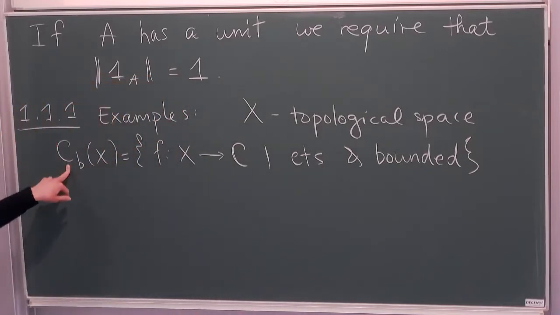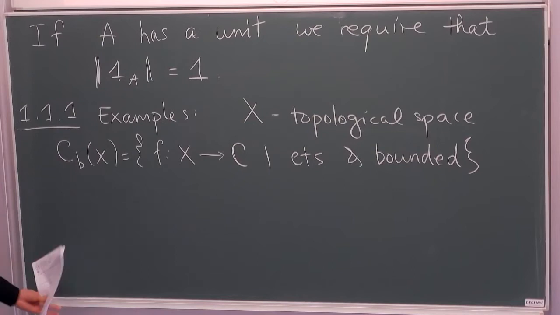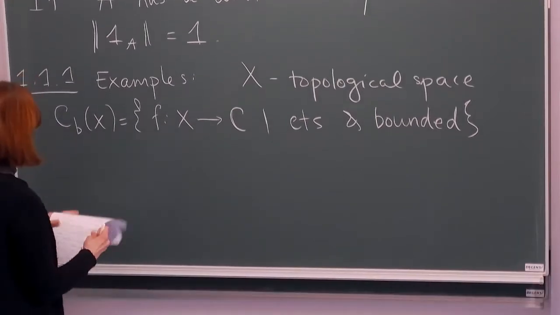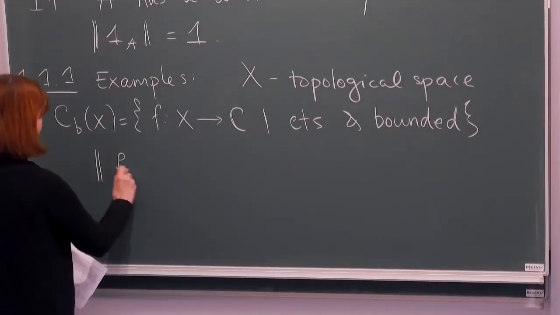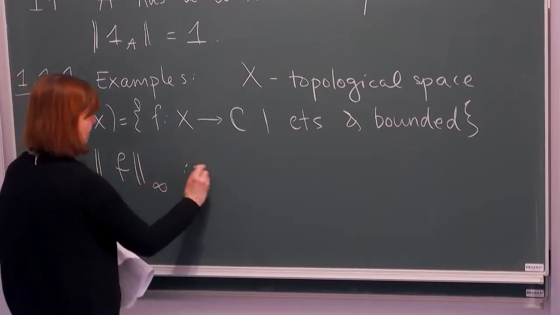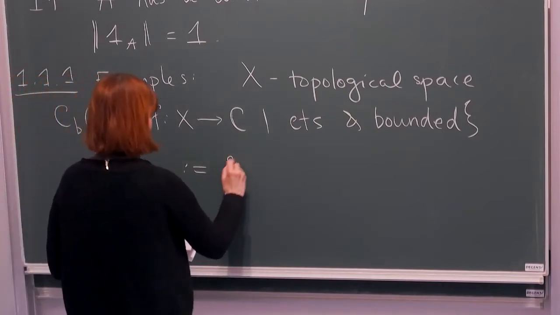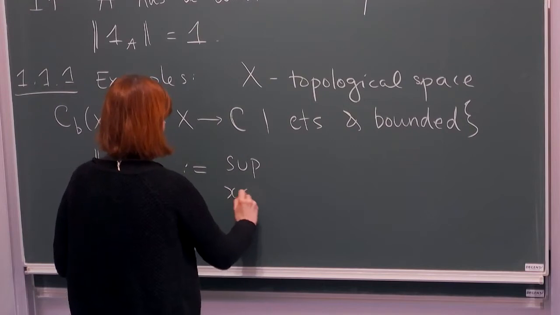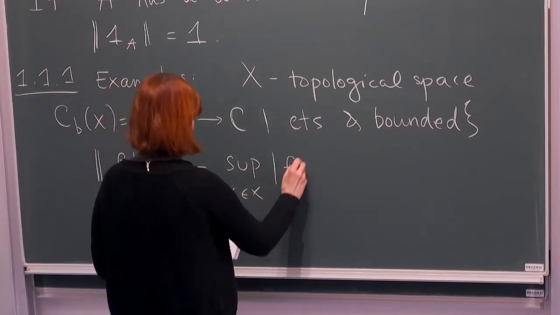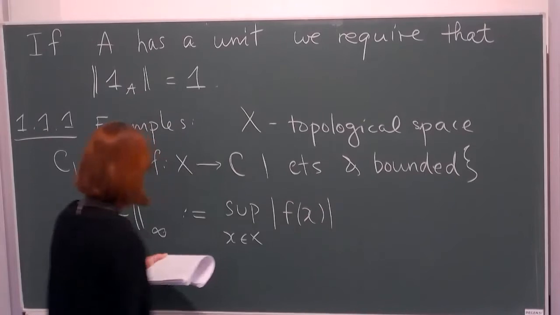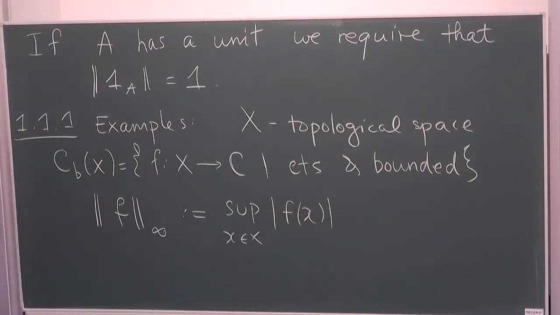We can equip this with pointwise addition, pointwise multiplication, and we need a norm, which is just the sup norm. So this is a nice example of a Banach algebra.